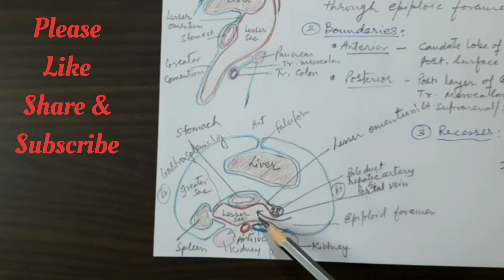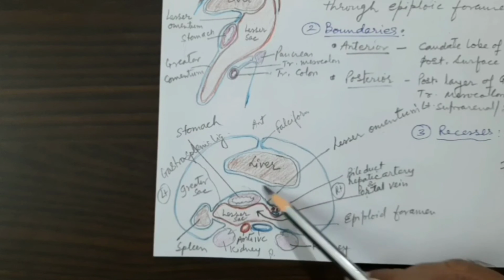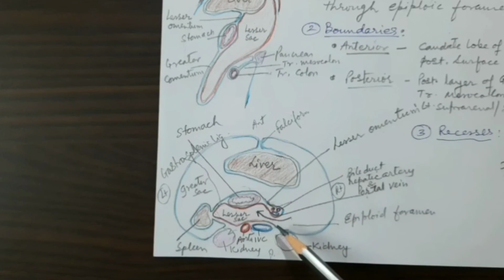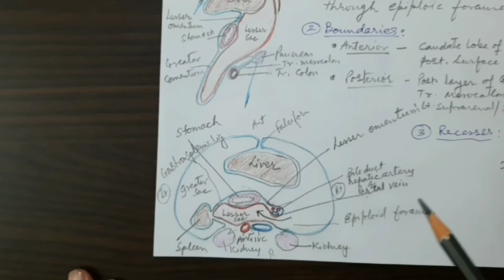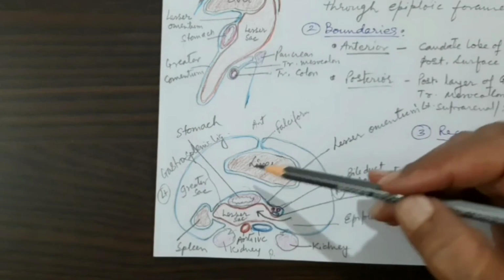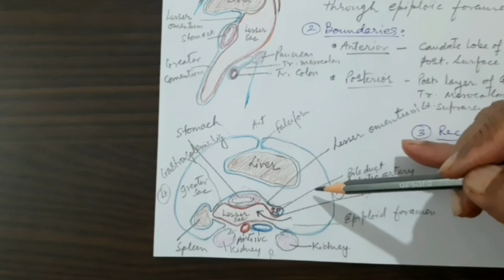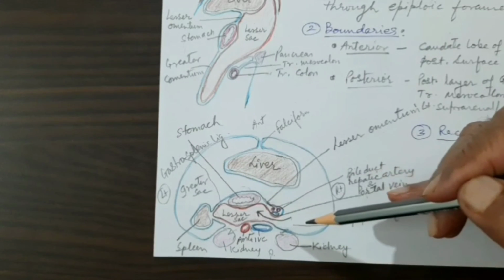From the lesser sac, it may pass through the epiploic foramen into the greater sac. It may spread into the greater sac and go to the hepatorenal pouch or any other pouch, depending on whether the patient is lying or sitting; it will go to the most dependent part of the peritoneal cavity.